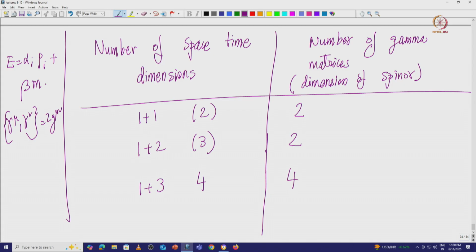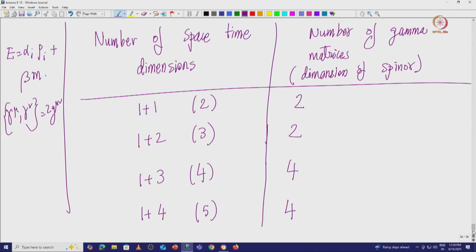If you have 5 dimensions, so if there is some extra dimension, z prime or something, the dimension of the gamma matrices is still 4, but there are other issues. If you have 6 dimensions, you have 8.